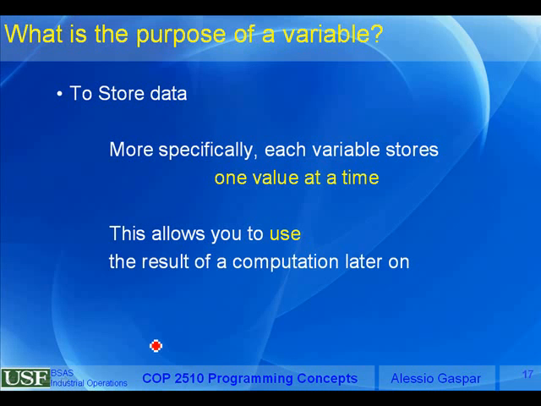More specifically, and this is really geared for people who are programming for the first time, think about a variable in mathematics, for example x. When you have a variable x, you can store inside of this variable a value. Let's say, let x be 99.